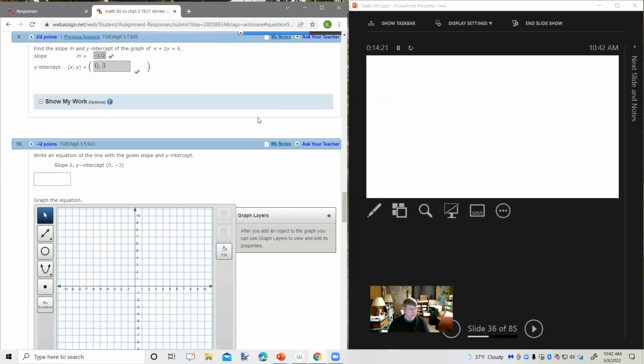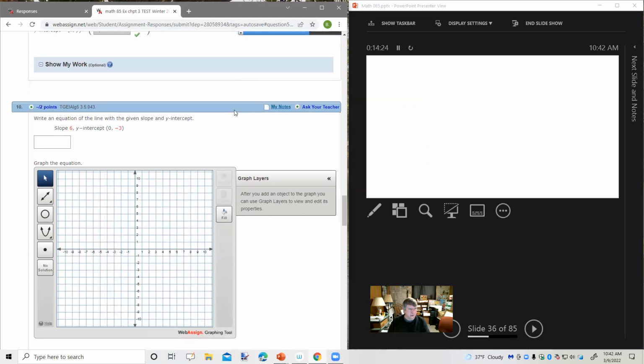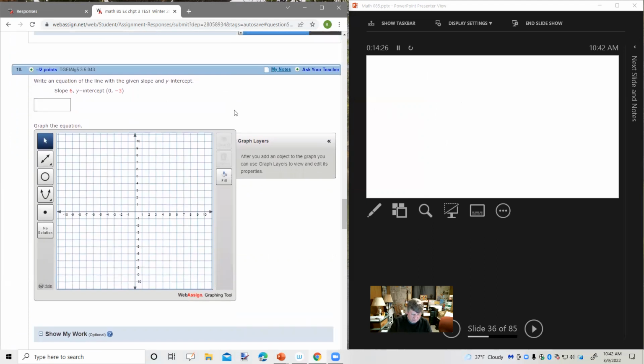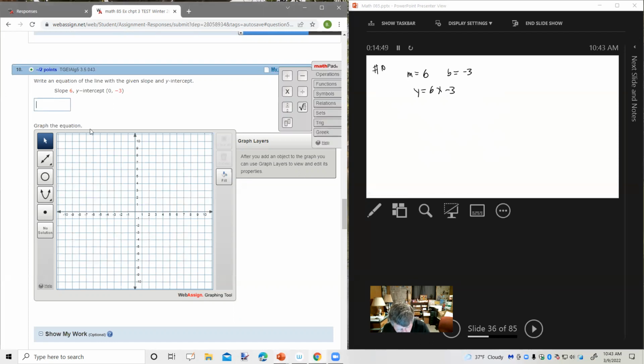All righty. With that, we'll move on to problem number 10. Write an equation of the line with the given slope and y-intercept. Well, the slope is 6 and the y-intercept is -3. So y equals mx plus b.